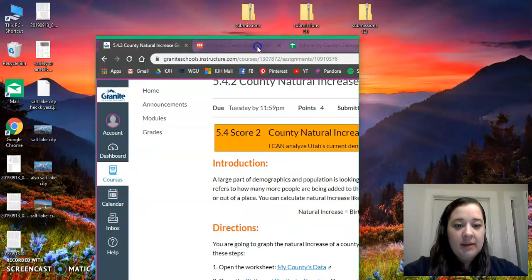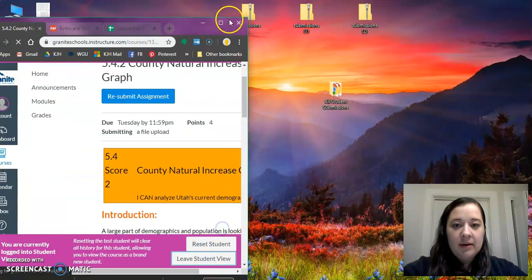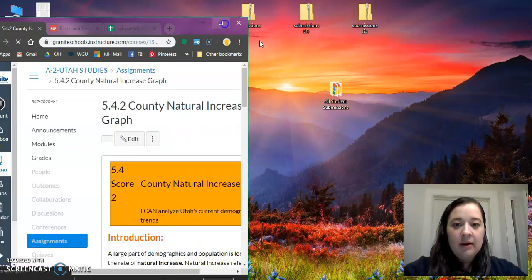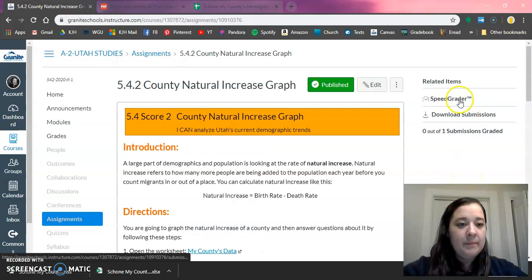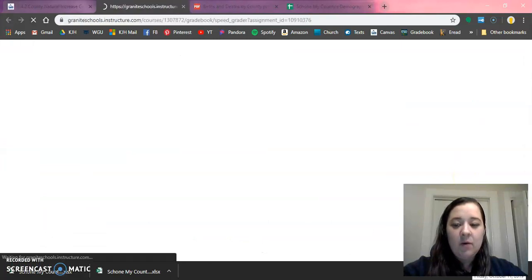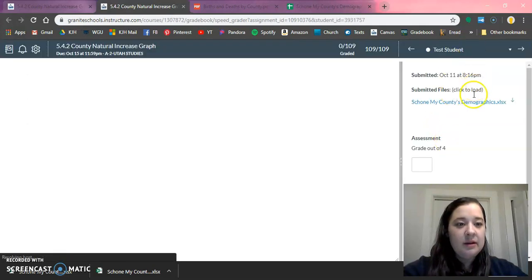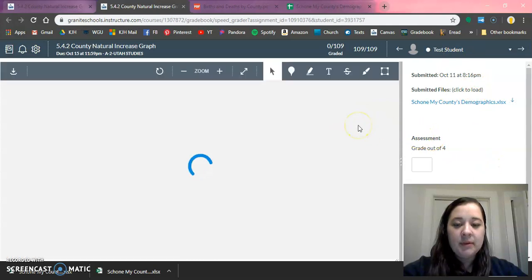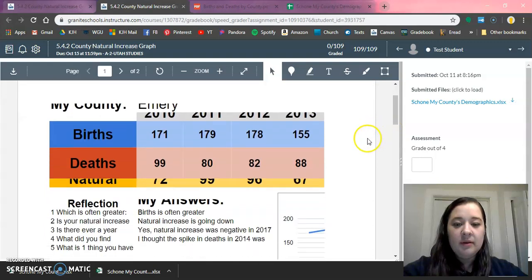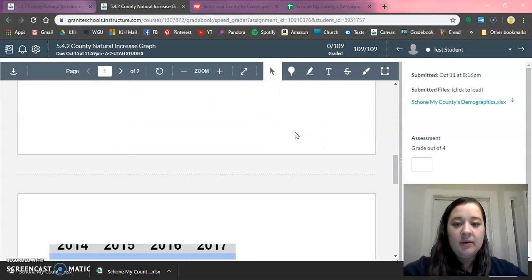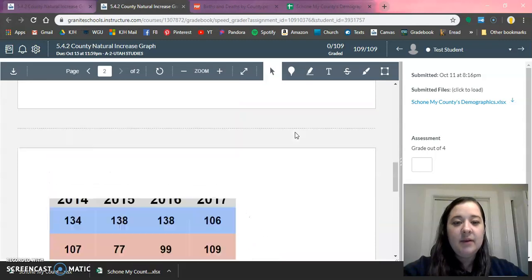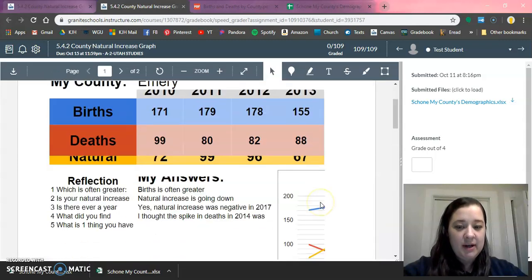If I can leave student view. How I can see when you have your submission, what it looks like to me. So I can see it goes from one page to the other.